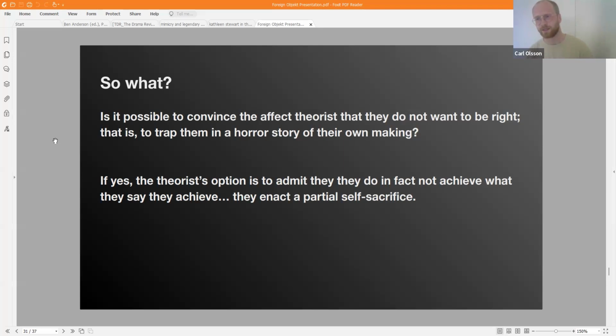Isn't this what you were implying, Carl? And I think the point is precisely that they don't disappear, and this is the twist in the narrative. If they did exactly what they said, whether it be Hijikata or Kathleen Stewart in the previous example, then they would disappear.